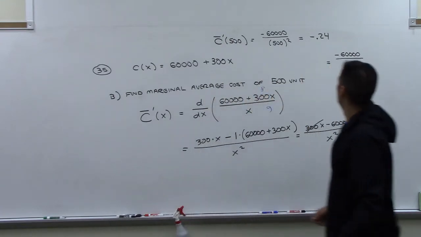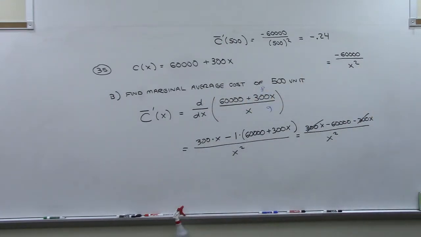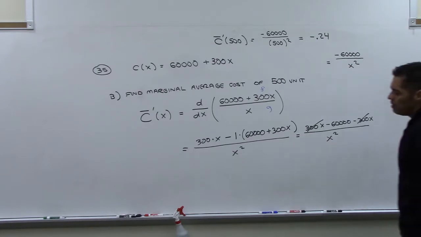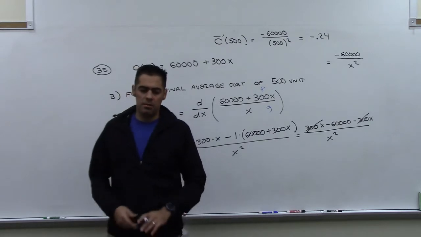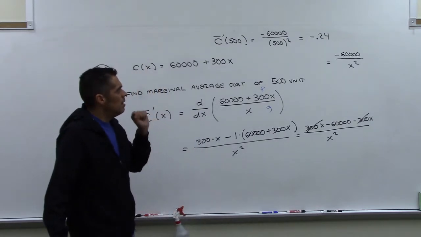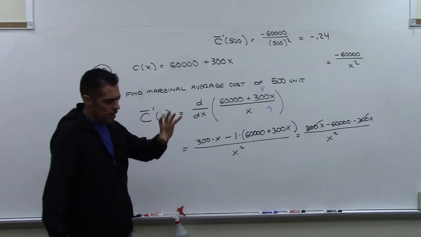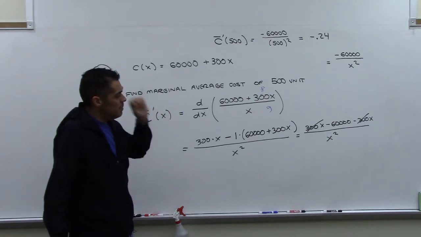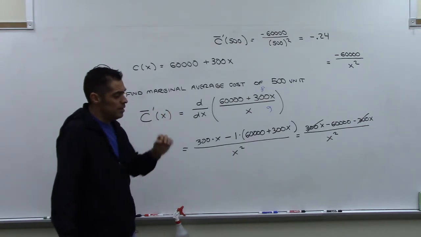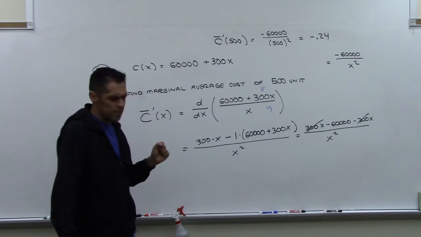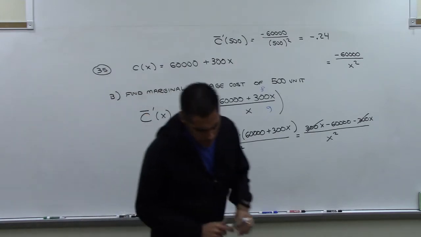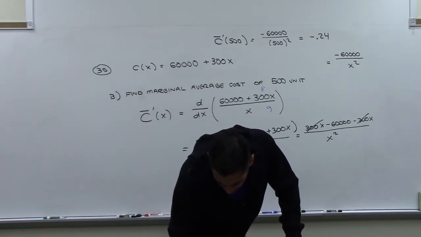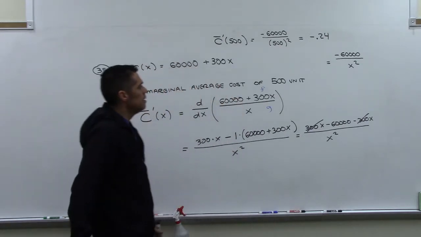Okay, so that's it. So what is this telling me? Go back to what we did on part A. On part A, we said that the average cost for the auto part, if we manufacture and sell 500, the average cost for us to do that was, I forgot what it was, 420, what was it? Sorry, yeah, $420, okay?